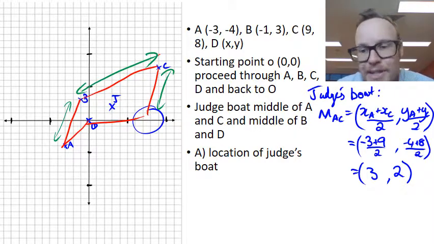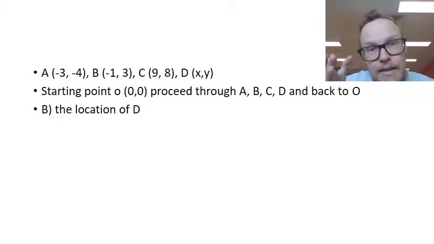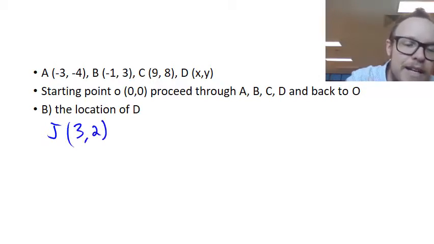So our judge's boat is at 3, 2. Let's have a look analytically where our buoy D is going to be. Our judge's boat is going to be halfway between buoys B and D. We know that our judge's boat J is going to be at point 3, 2.